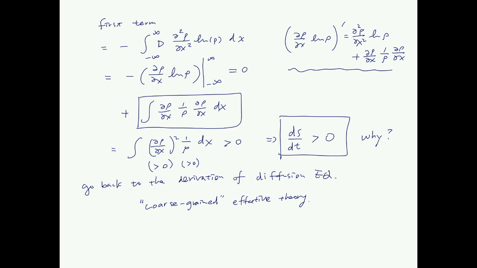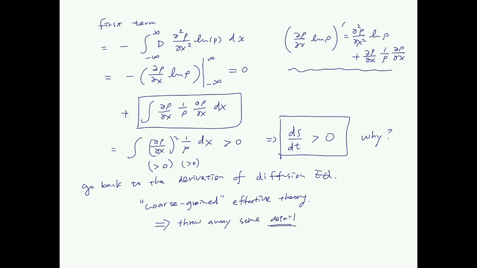If you look at the large scale and coarse grain the detail, you obtain some effective theory at the long wavelength limit. This coarse graining essentially means that you throw away some information, so that there are some details that you don't care about.